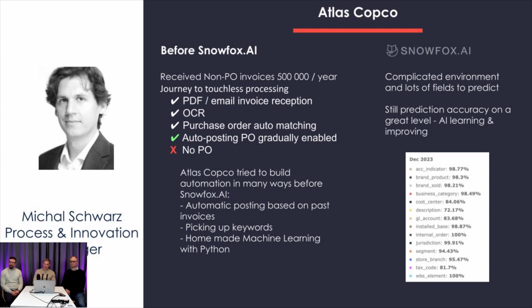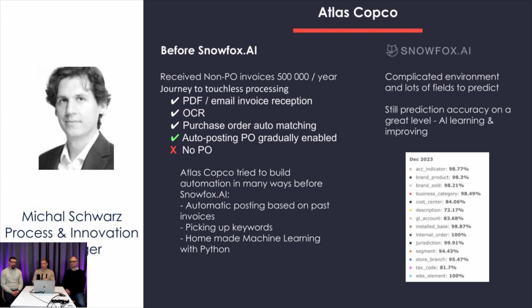And what did they do before Snowfox.AI regarding the non-POs? They tried many ways of automating those. First, they tried to automatically post or code invoices based on past invoices. So there was an automatic matching way that if this invoice was coded before, it copy-pasted the historic coding for this new invoice.